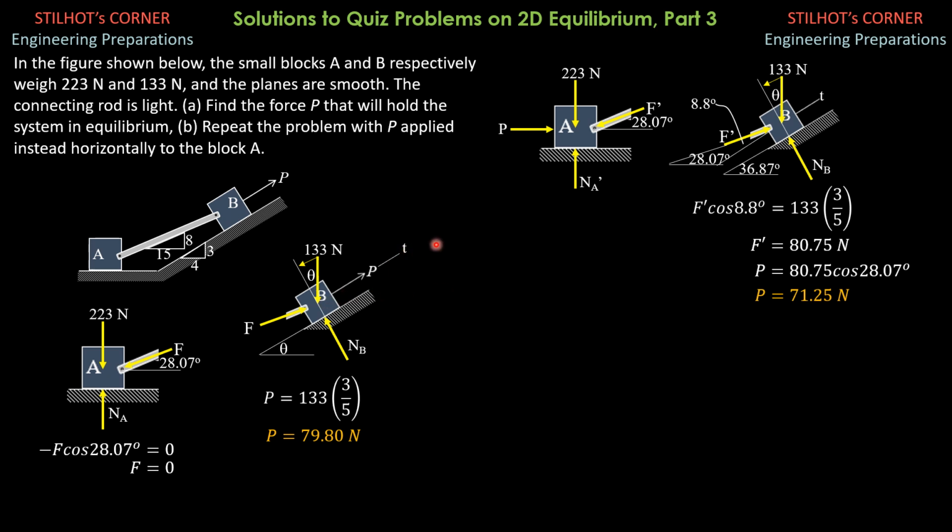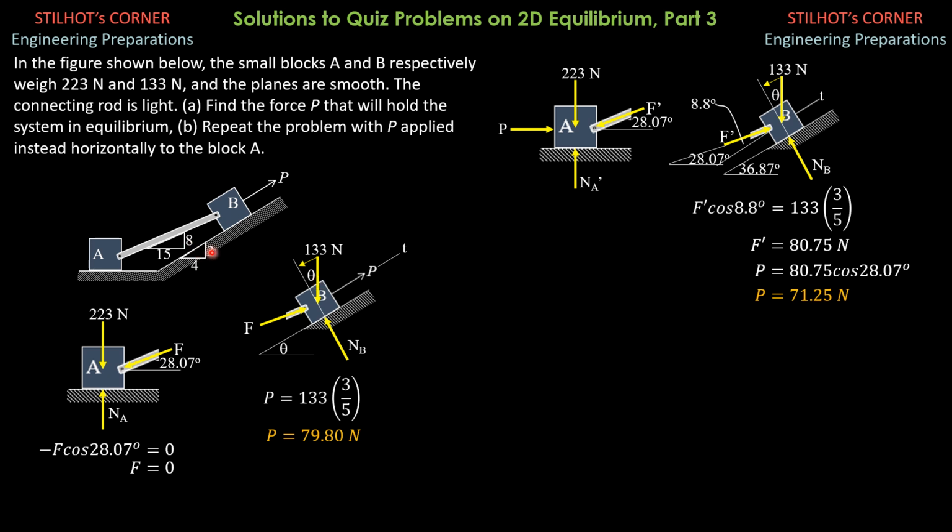So P equals this component of 133 newtons, which is opposite of theta: 133 times sine theta, and sine theta is 3 over 5.